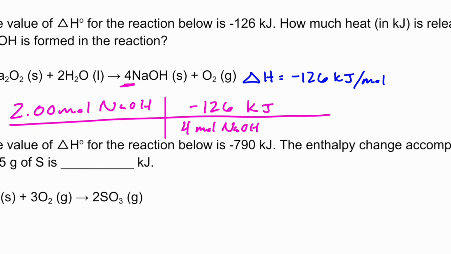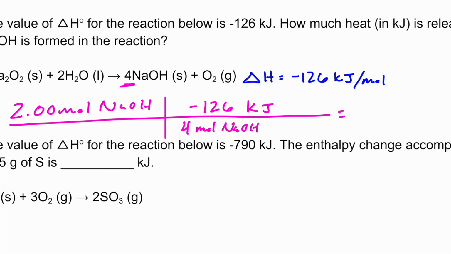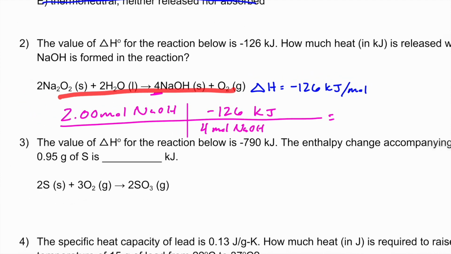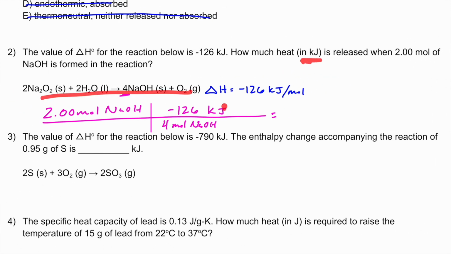That's how that works. So please realize that this amount of enthalpy is based off of this specific equation. The answer is asking in kilojoules, and I'm already in kilojoules, so that's great. So the answer is negative 63 kilojoules.